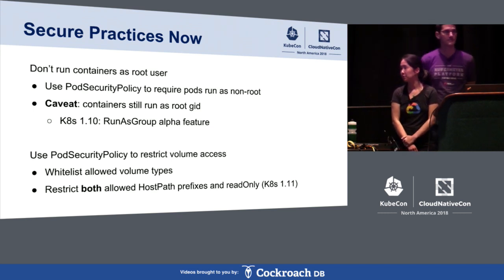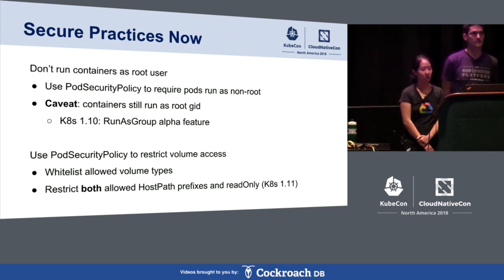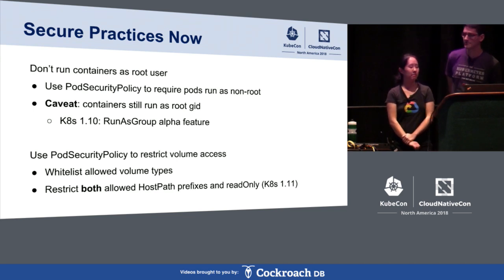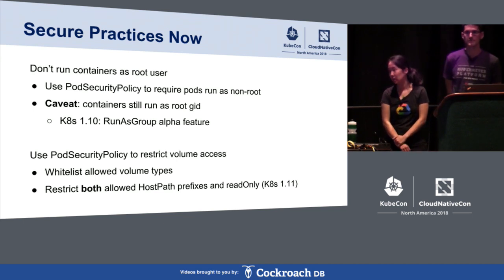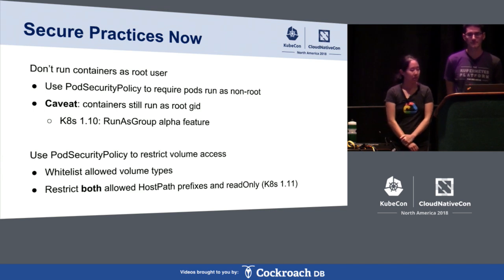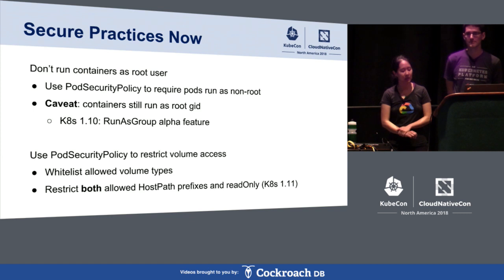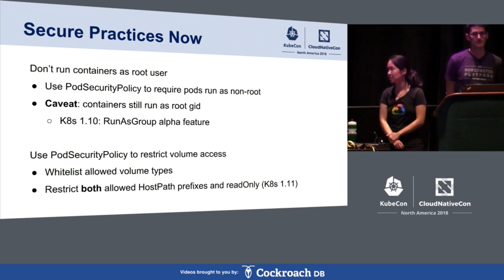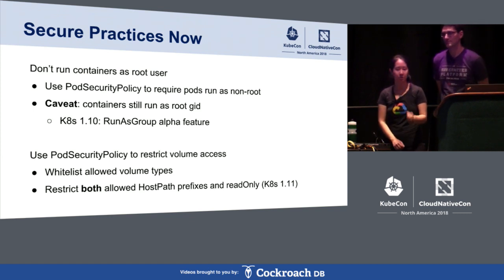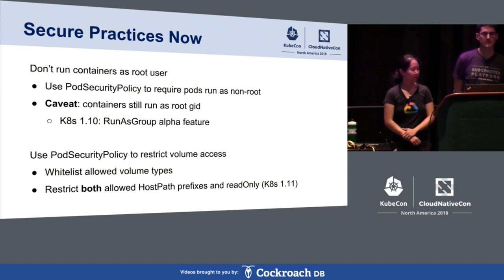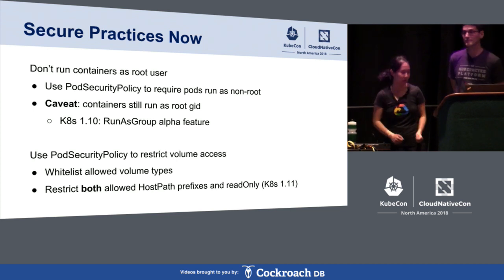If you still have to use host path volumes, then you should at least set both the allowed host path prefixes and the read-only setting. It's very important to note that the allowed host path prefix setting in pod security policy is only effective if you also require that your containers mount them as read-only as well.